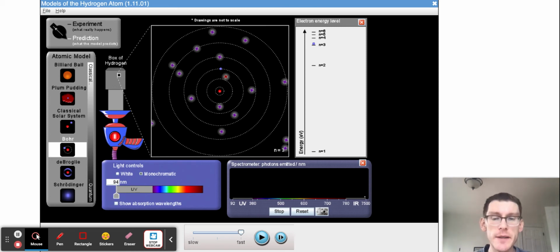But if it loses potential energy, for conservation of energy, it has to also emit some extra energy. It's just like if I fall out a window, then I lose potential energy as I fall, but I gain kinetic energy in the form of my momentum as I'm speeding up as I get close to the ground.